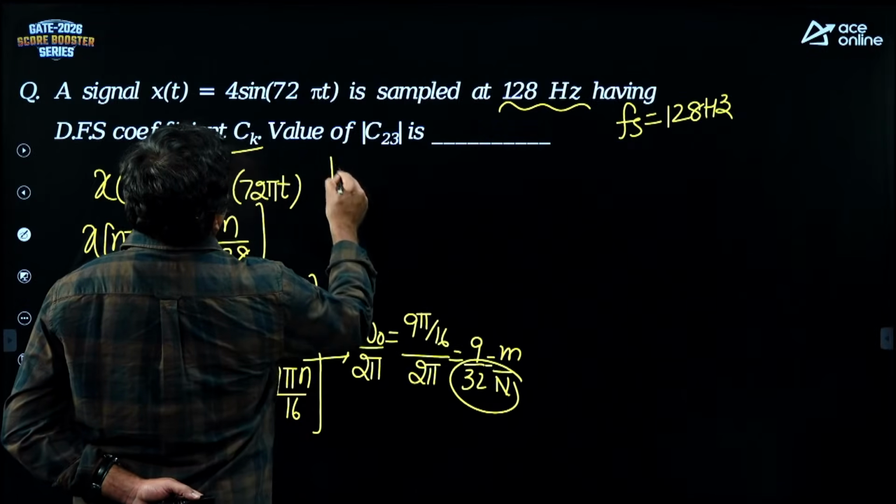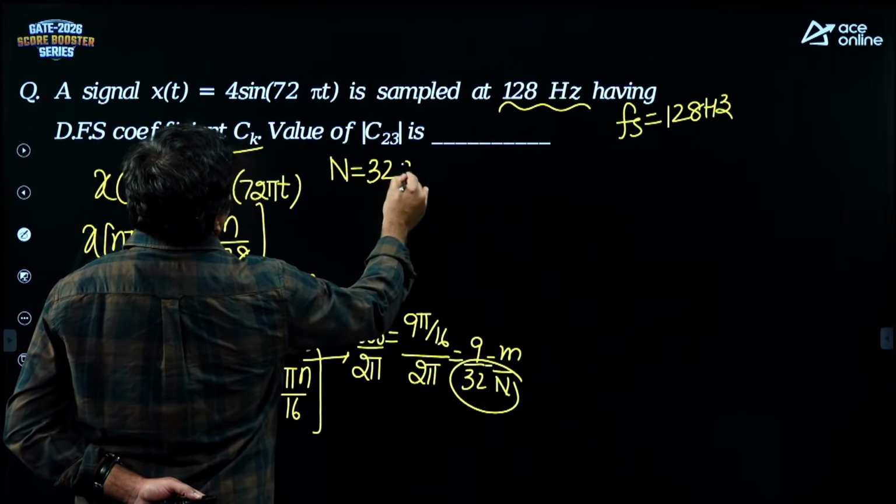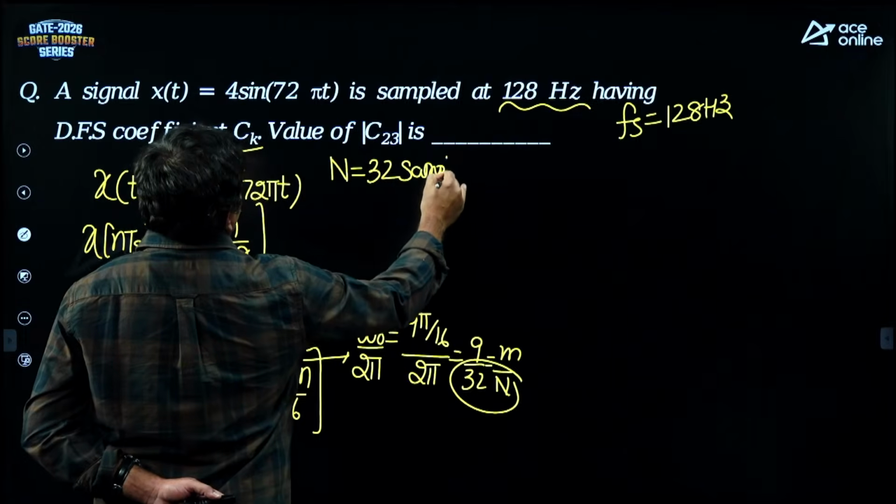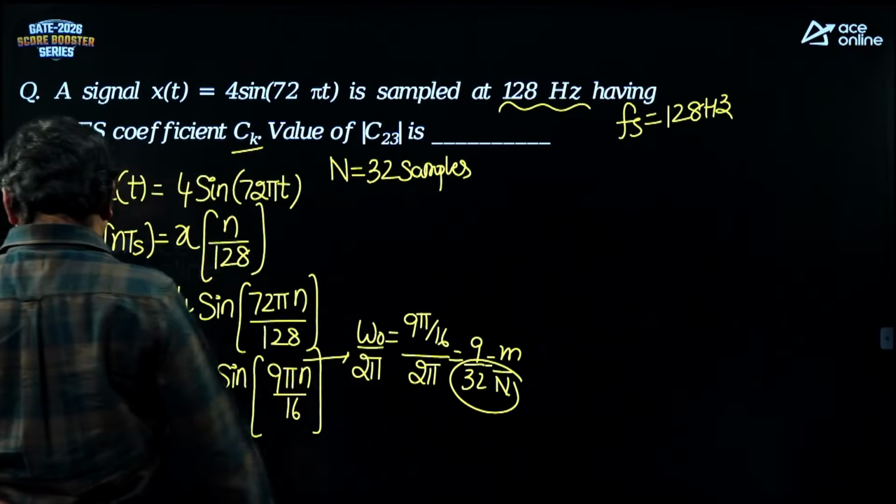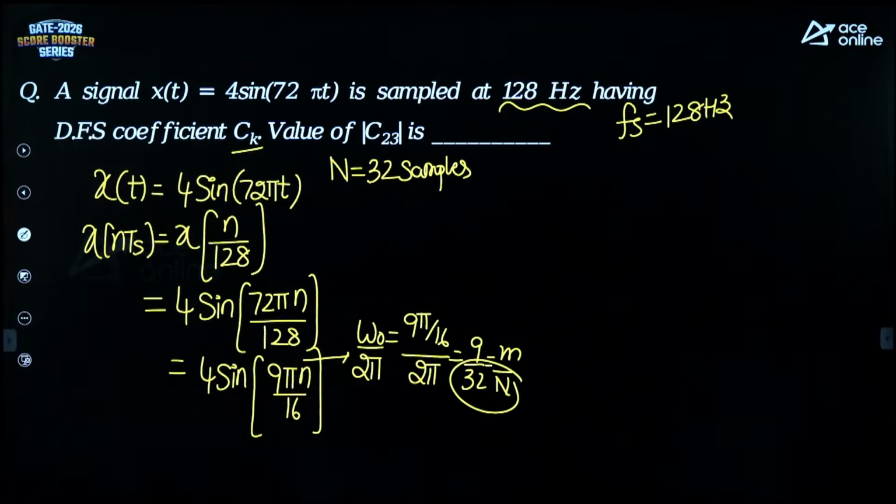Here we have a periodicity of 32 samples. He is asking for the magnitude of C23.